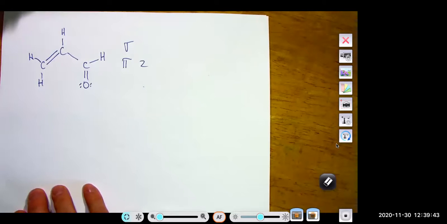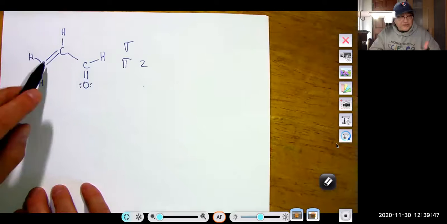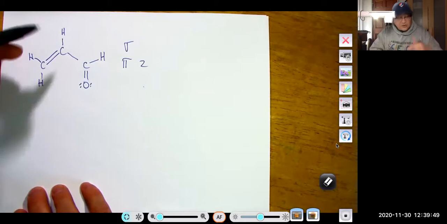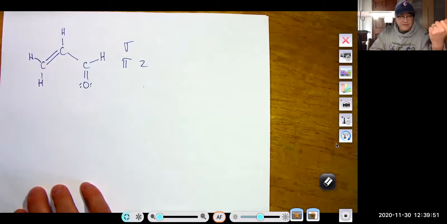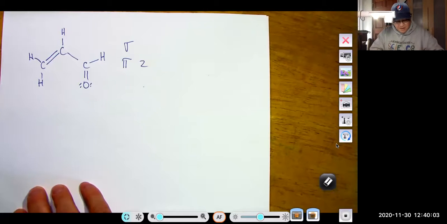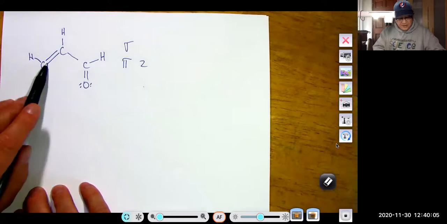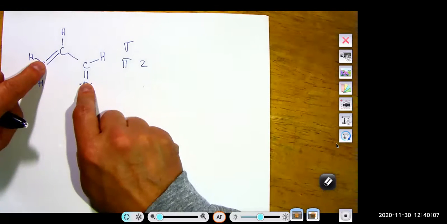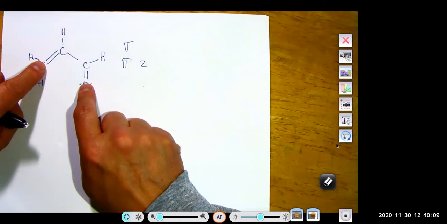Yeah, I'm not really sure. Well, double bonds are 1 pi, 1 sigma. Single bonds are always sigma. So how many single bonds here? So there's 4 single bonds, so that's 4 sigmas. How many double bonds? There's 2 double bonds. And each double bond is 1 sigma and 1 pi.